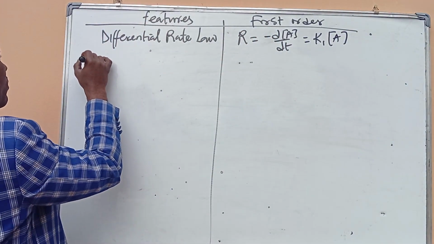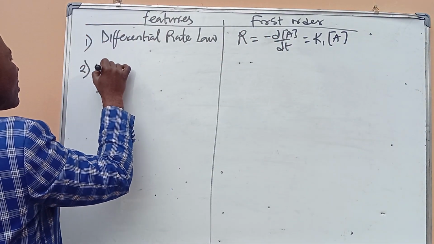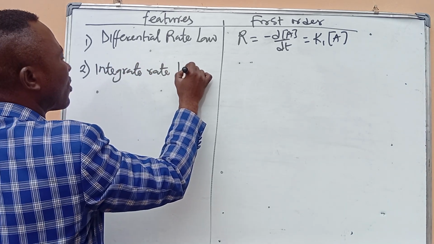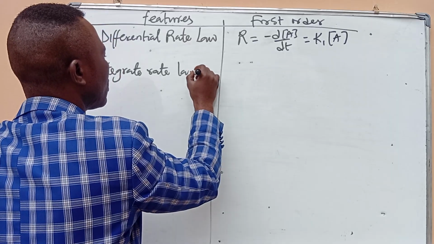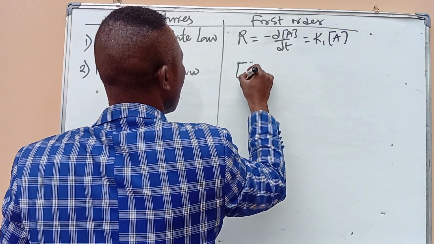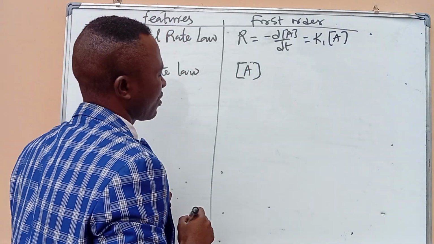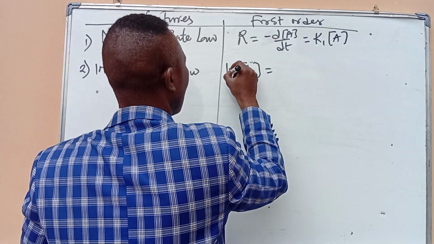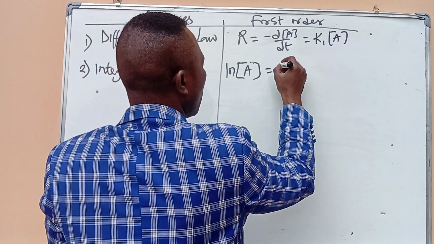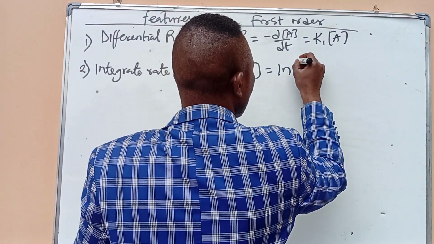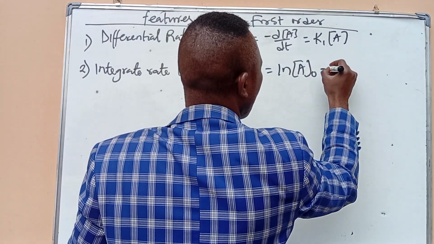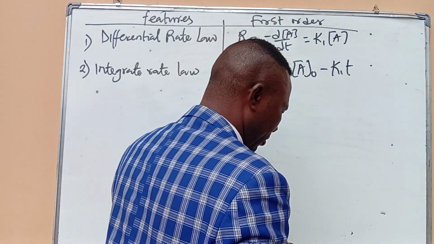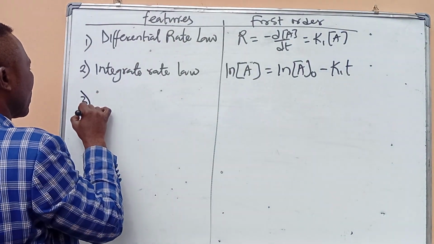Then integral rate law for first order reaction gives us ln of final concentration equal to ln of initial concentration minus k1t. So we can take graph number 3.